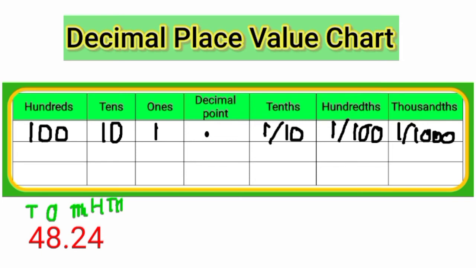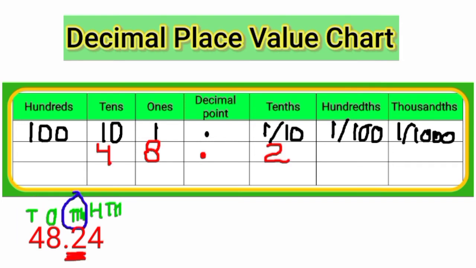So put the decimal below the decimal. Now this 8 will be at ones place. This 4 will be at tens place. This 2 will be after decimal, at tenths place. This 4 will be at hundredths place after decimal, right?